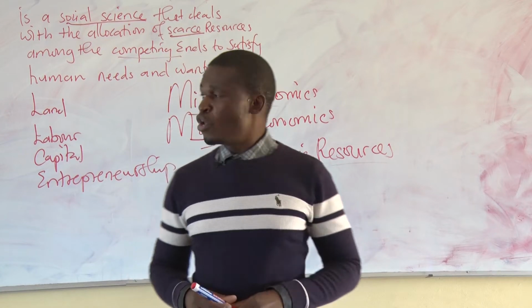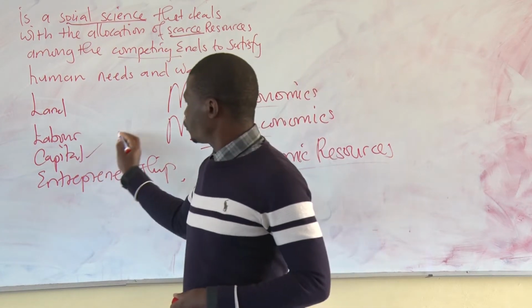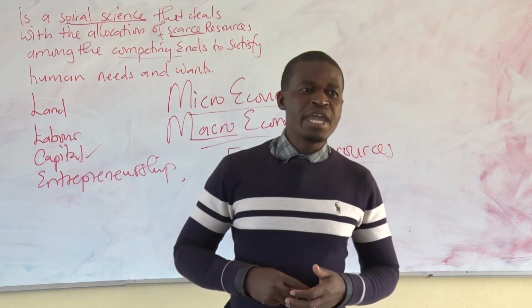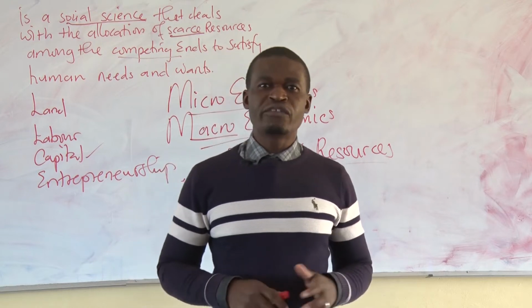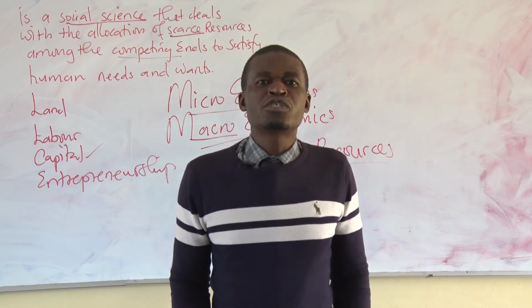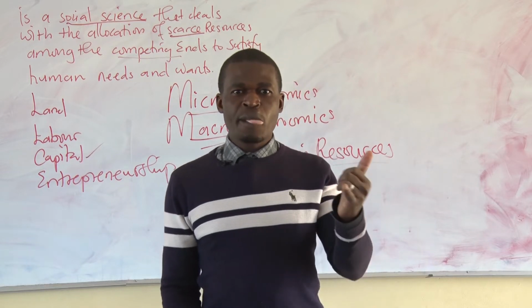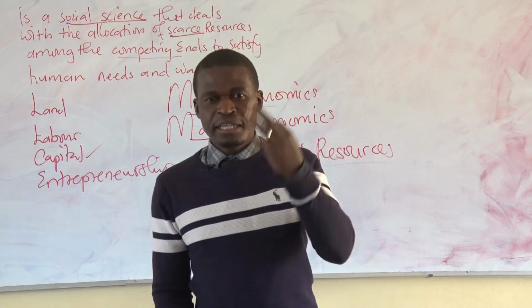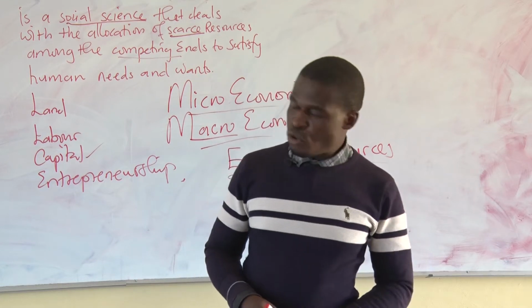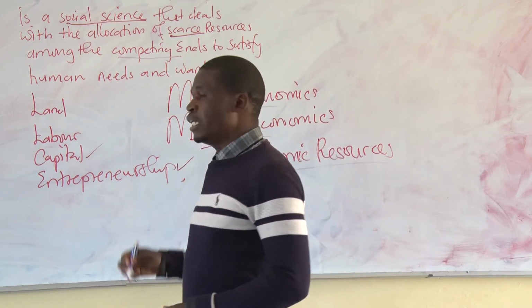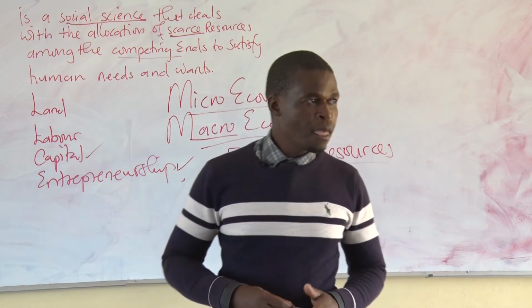From labor, we go to capital. Capital are the man-made or productive units that are used to produce other goods and services. The man-made units include machines, tools, equipment, and factories. From capital, we go on to entrepreneurship.